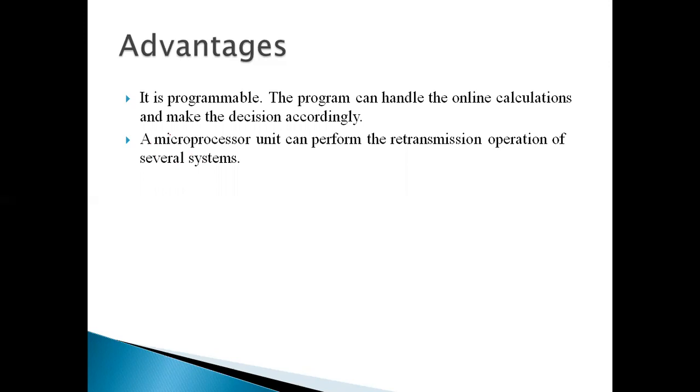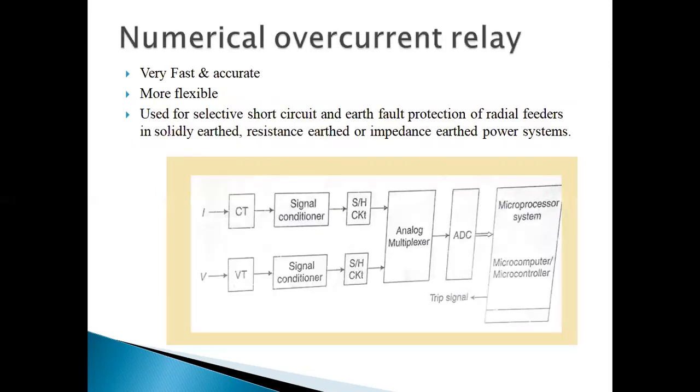Then the next one is the numerical overcurrent relay. This numerical overcurrent relay is also a microprocessor based relay. What is the difference between the microprocessor based relay and the numerical overcurrent relay? Here you have to enter numerical values.